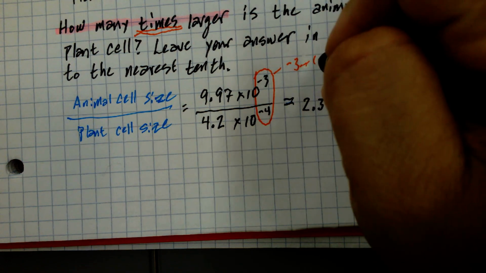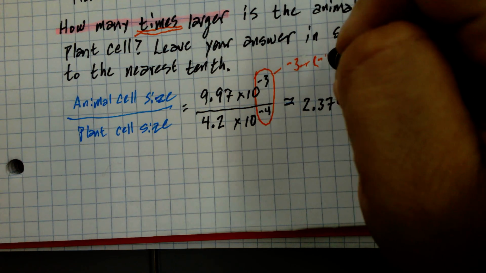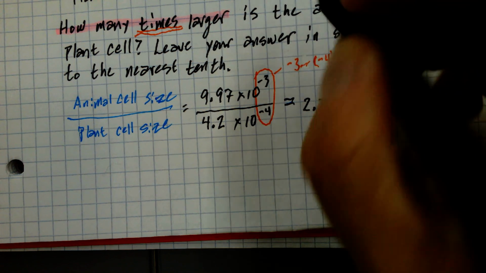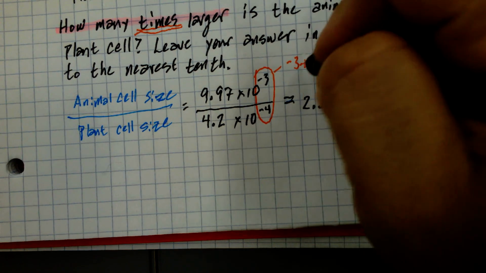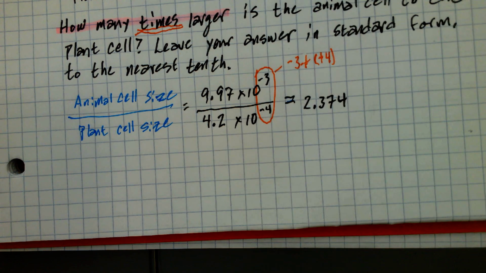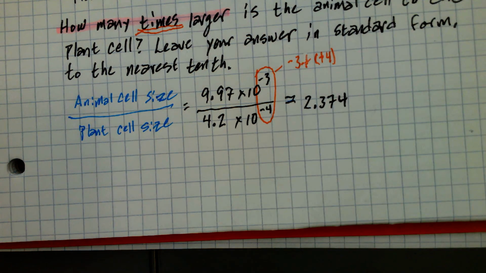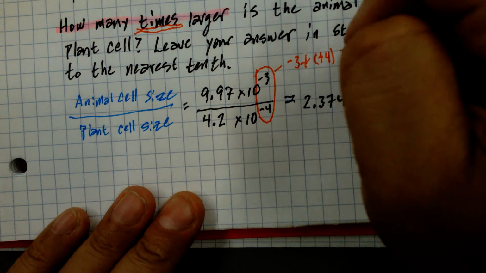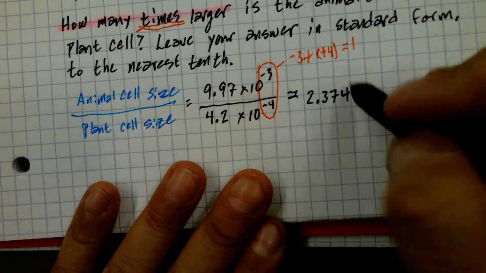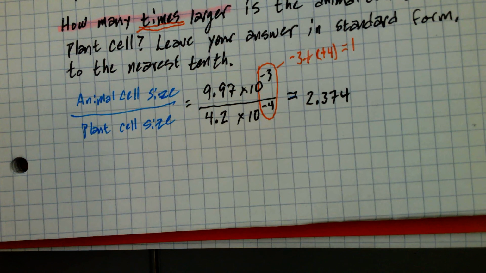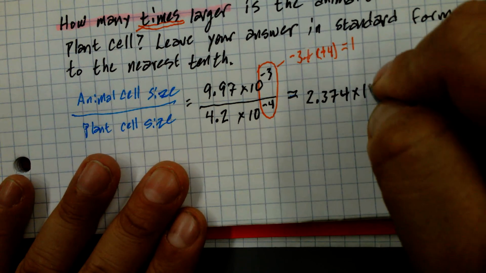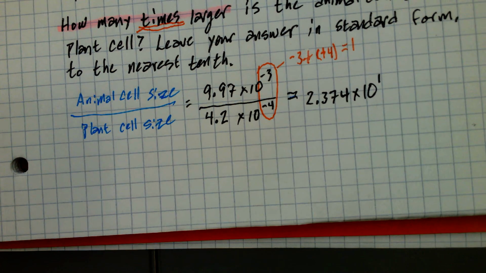Switch this to plus, and that's positive 1. Times 10 to the 1. So 2.374 times 10 to the 1.